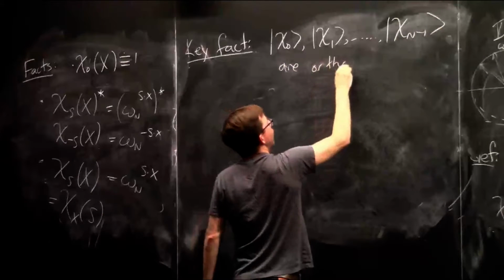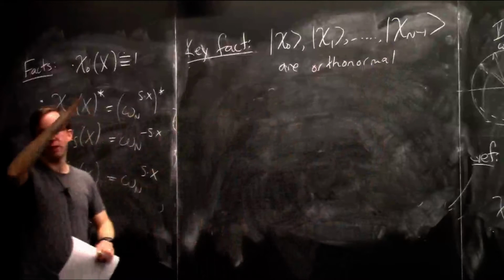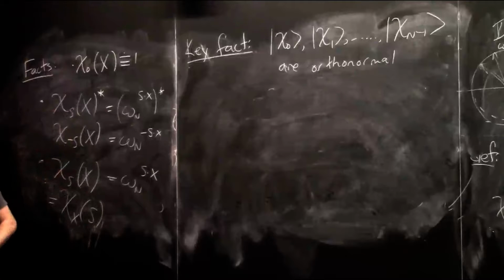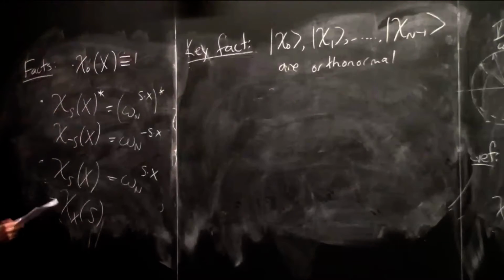This is what you really need for the Fourier transform to make sense: I'll take my data vector and write it in this new orthonormal basis and find out the strengths of each of these chi's in my data vector. Good.